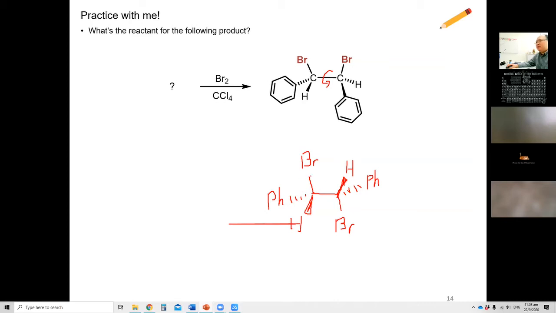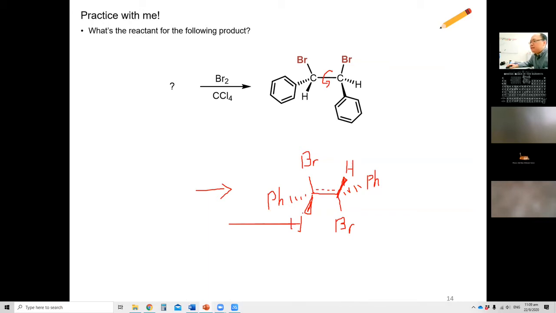And so let's assume that the bromonium ion will form here on the above, and the bromide attacks from the bottom, right? So the original double bond will be here. And then if you recover the starting material, you will have an alkene which has the phenyl in the back. This phenyl is also in the back, right?